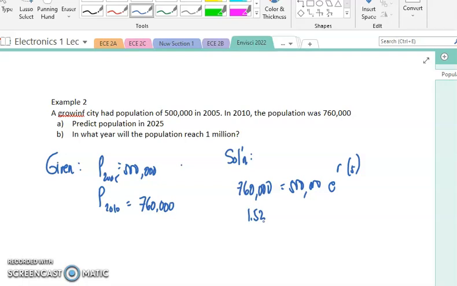Next, what we have is equal to R times 5. Then we have ln of e, so this is simply equal to 1.